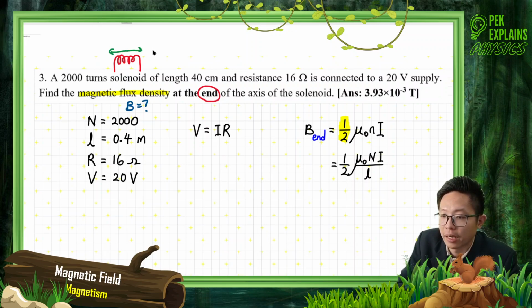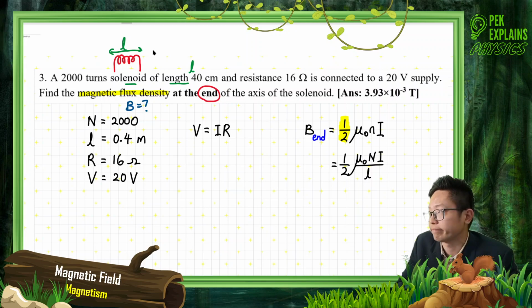A solenoid must have length. So the formula is mu naught n I for the middle, but for the end it is half mu naught n I. For a circular coil, it doesn't have length.